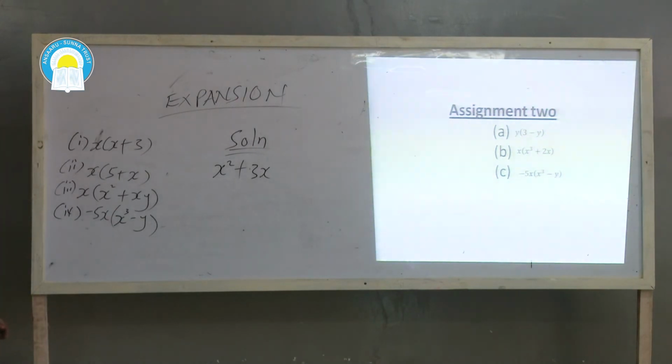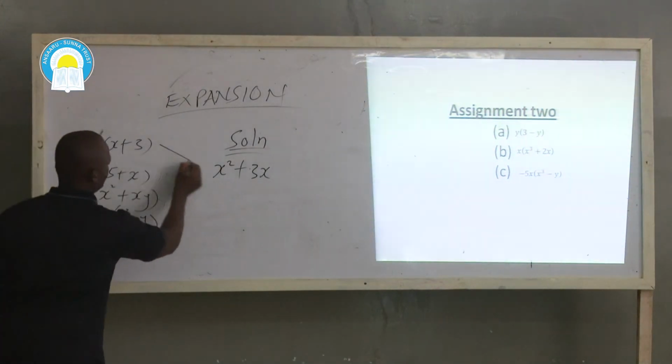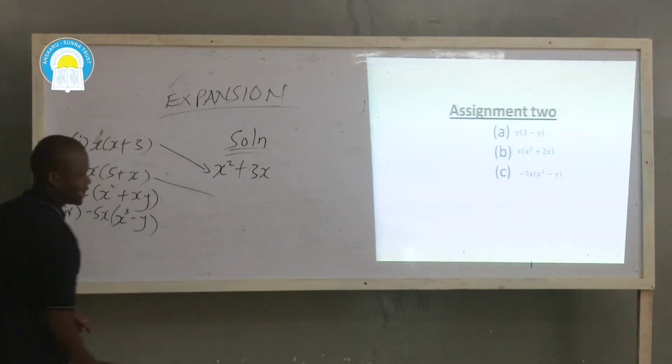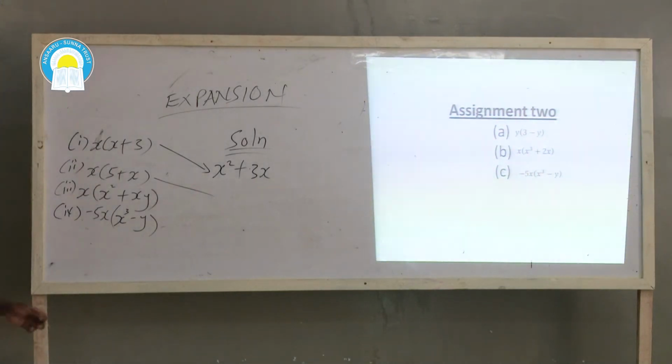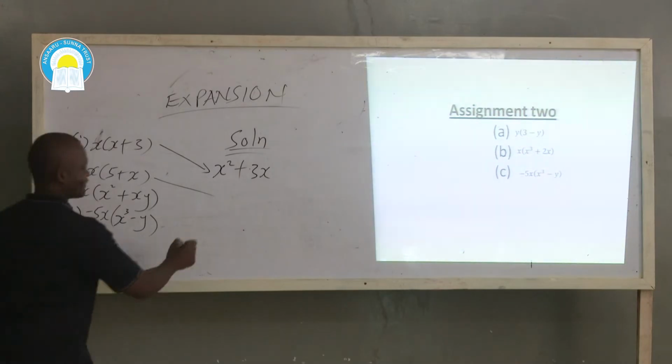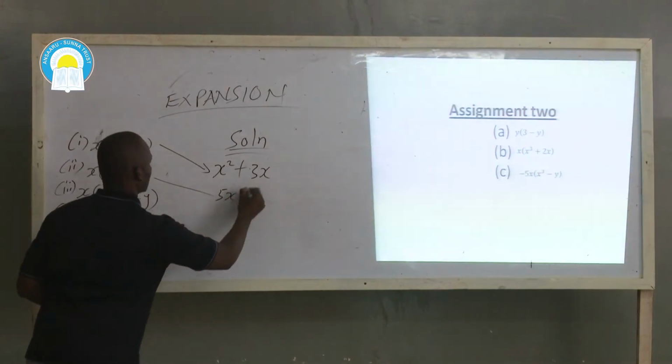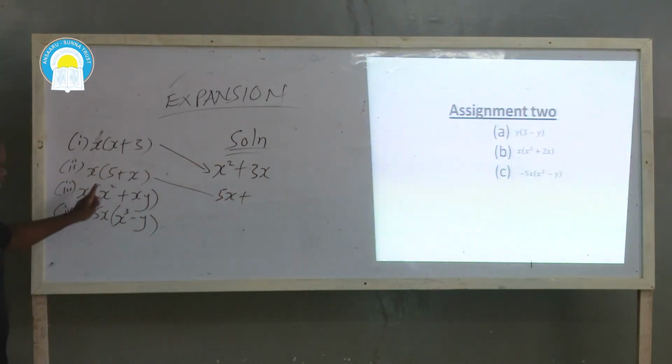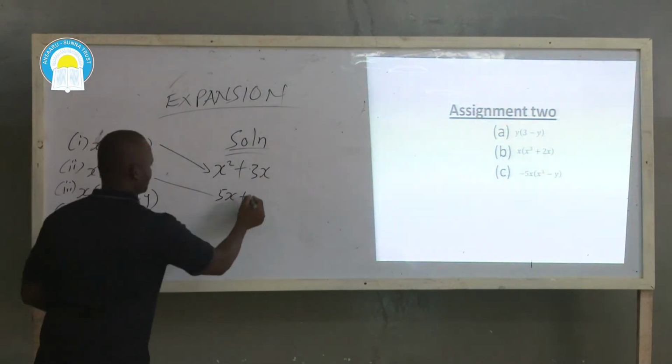That is the first solution. Now we go to our second question. x into 5 plus x. That will be x by 5 to give you 5x. Then x times x to give you x squared.